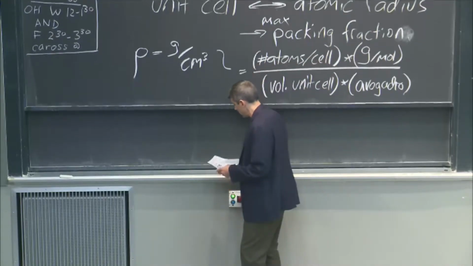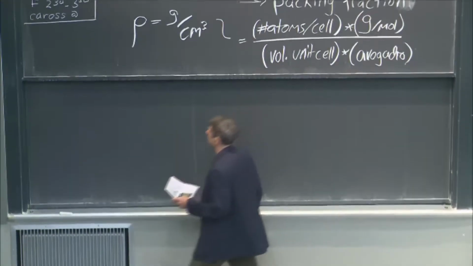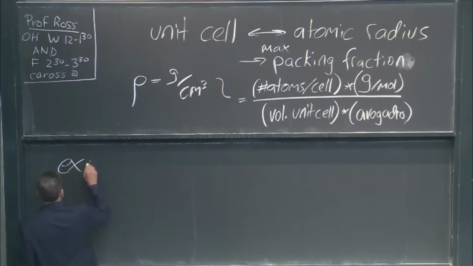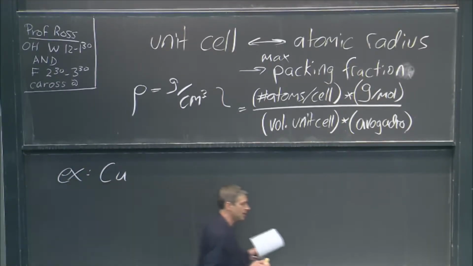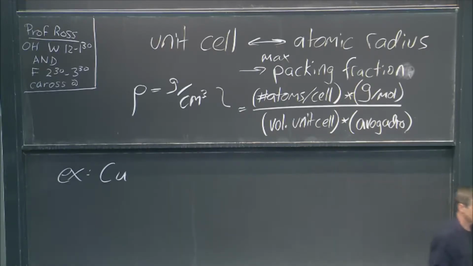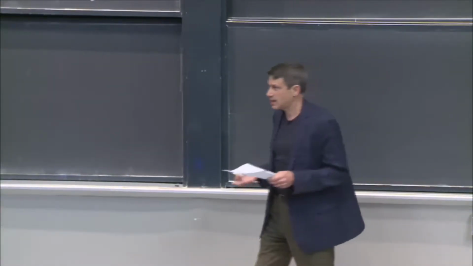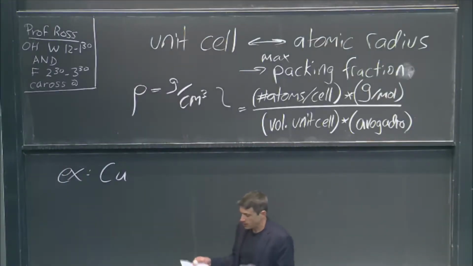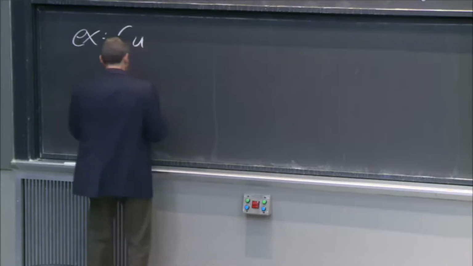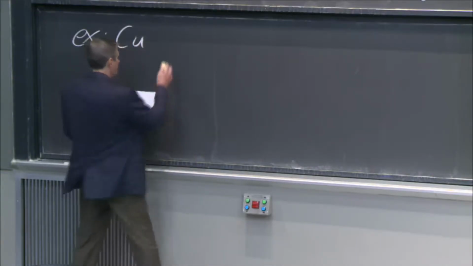Just as an example, if I had, let's see, the example I have is copper. So everything comes from the periodic table. Everything, life, class, everything comes from the periodic table. So I say, I want to know stuff about copper, I go to the periodic table, and instead of looking up the density, I look up other things.